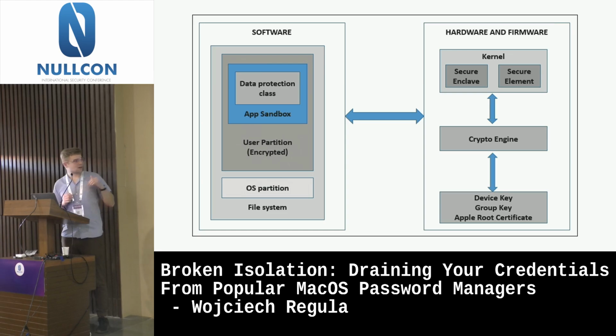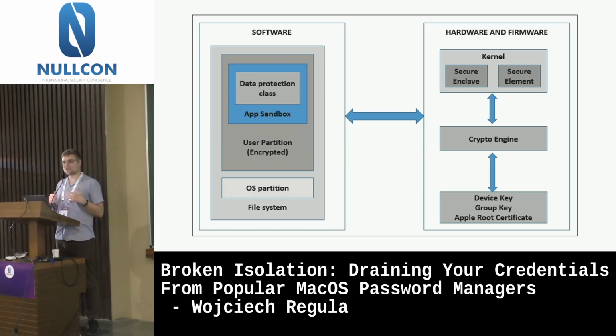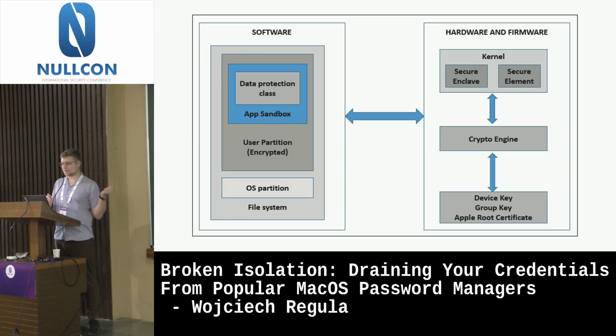And this is an old image taken from Apple's documentation, which they use when implementing every operating system. We have software, hardware and firmware layers, and you will see that at the hardware level we have the Secure Enclave, secure element, crypto engine, device keys, etc.